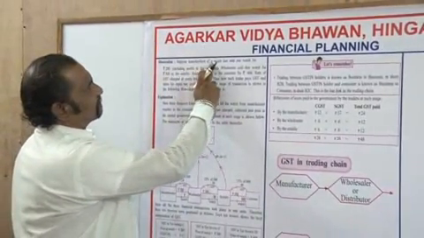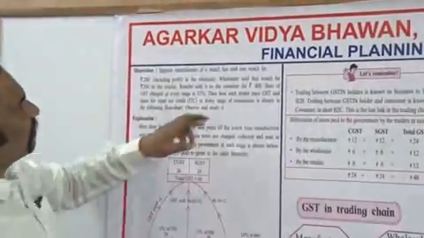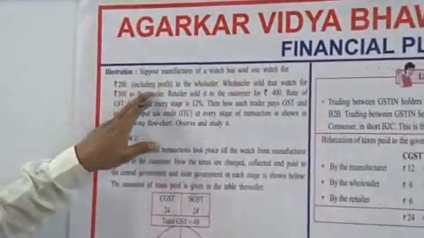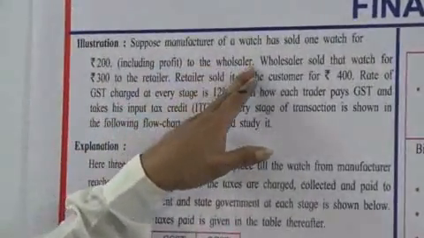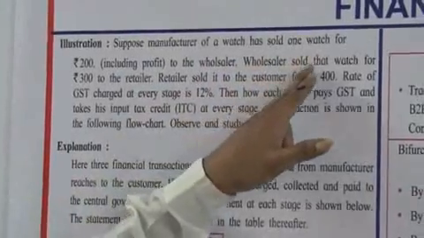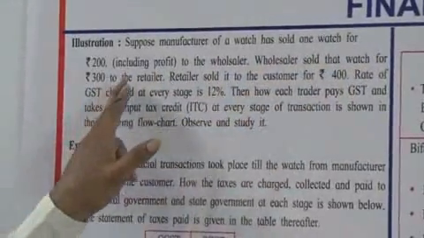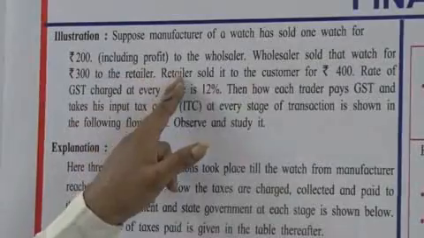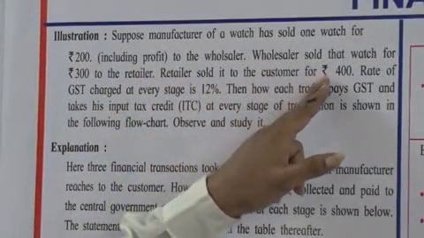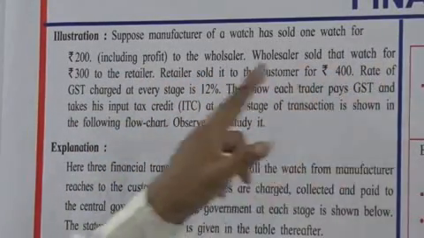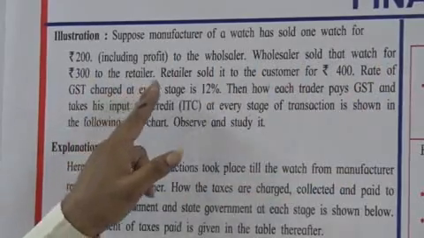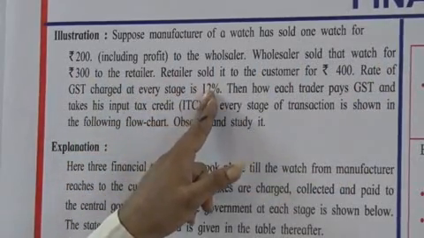Suppose a manufacturer of a watch has sold one watch for rupees 200 including all profits to a wholesaler. The wholesaler sold that watch for 300 rupees to the retailer. The retailer sold it to the customer for rupees 400. The rate of GST charged at every stage is 12%.